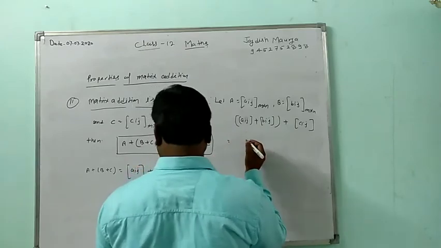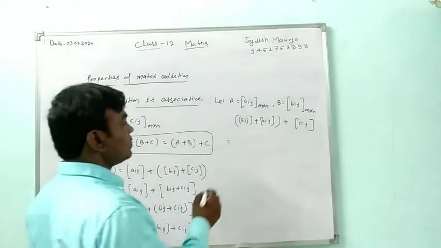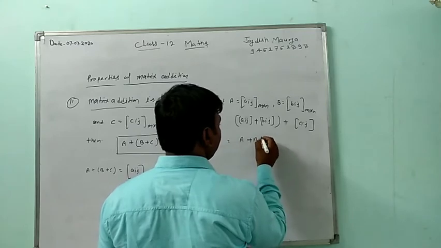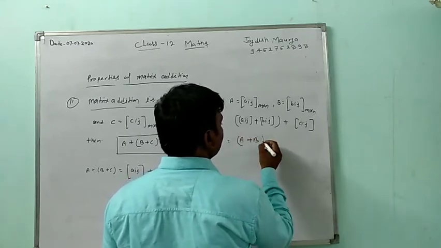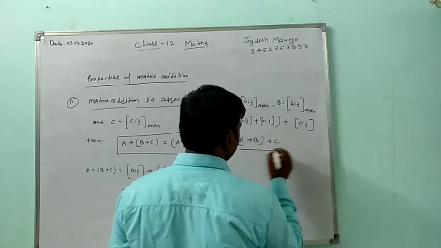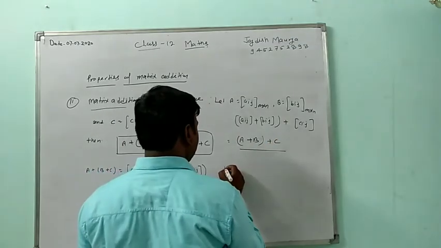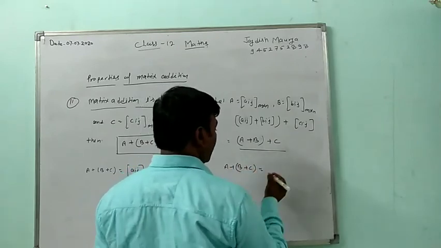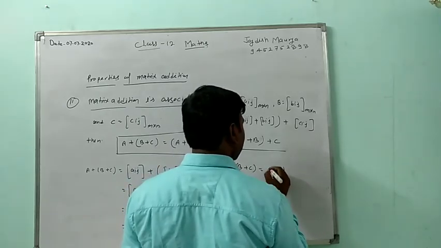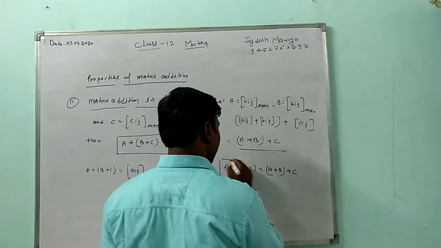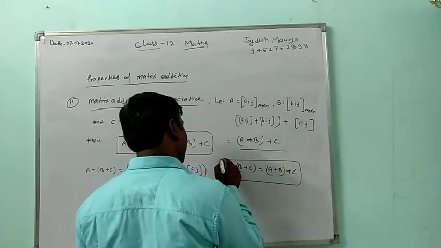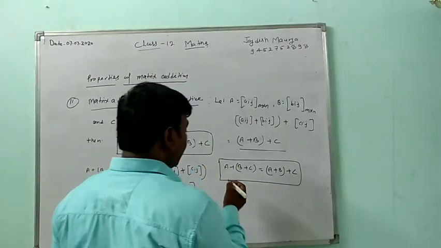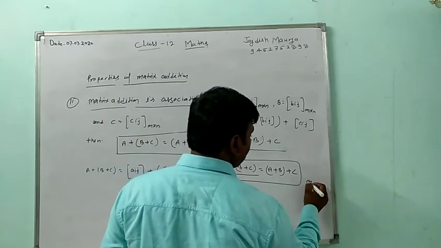This will come A plus B plus C. Means both are the same result. A plus B plus C equal to A plus B plus C. And this is the matrix of m by n.